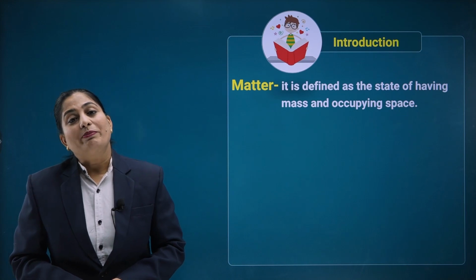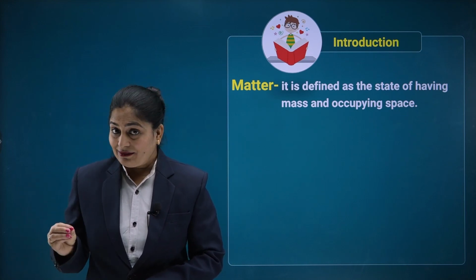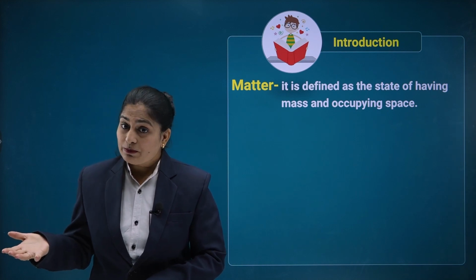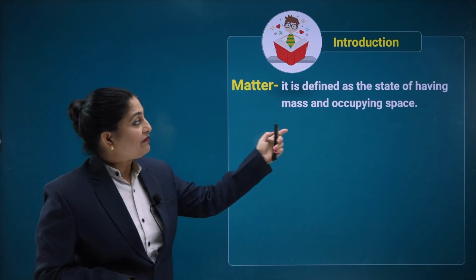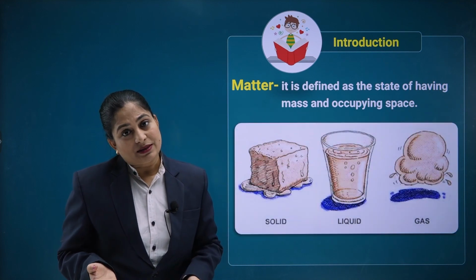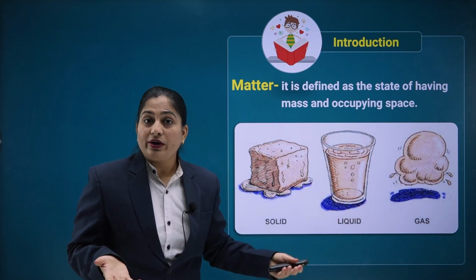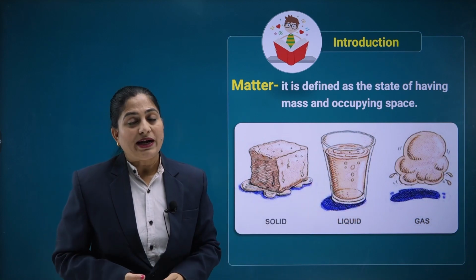When we talk about matter, as we have studied in the previous class also, matter is anything that has mass and occupies space. So I can define matter as the state of having mass and occupying space. All these substances or different states of matter are matter actually.